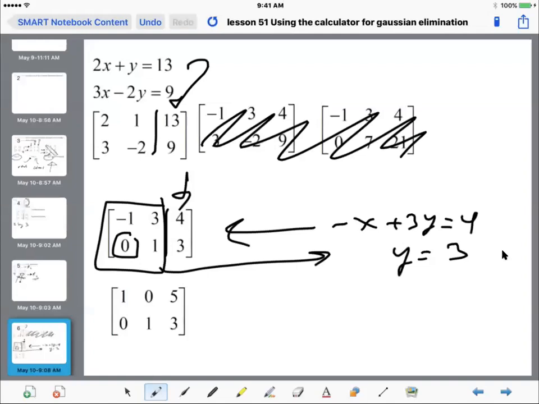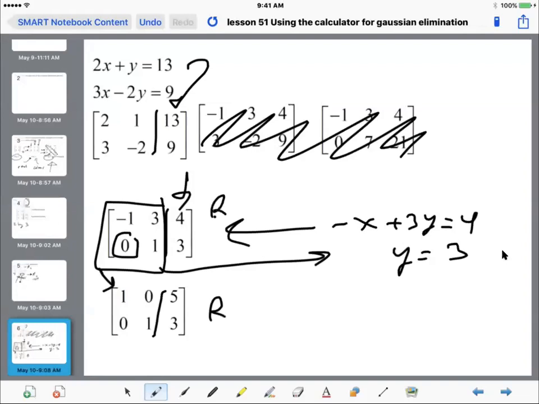And if you have something like this, where the diagonal is all 1s and all other elements are 0s, that's what's known as reduced.